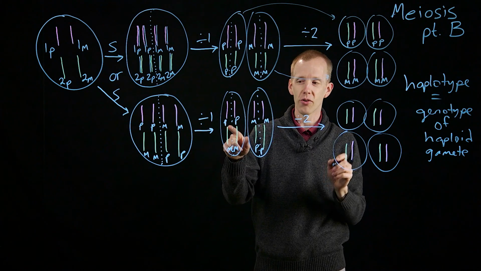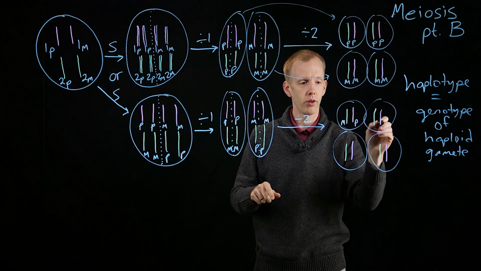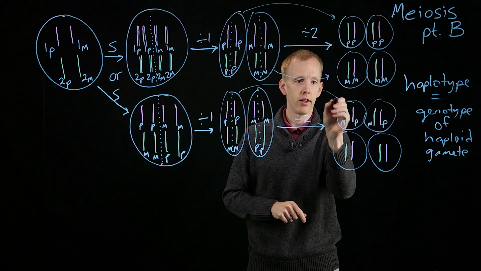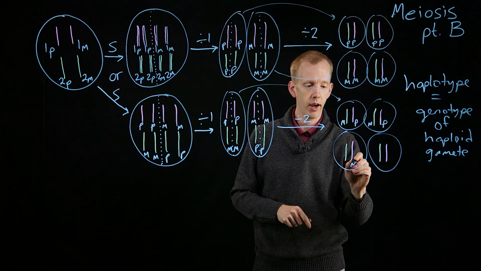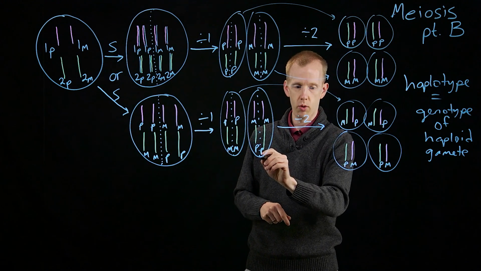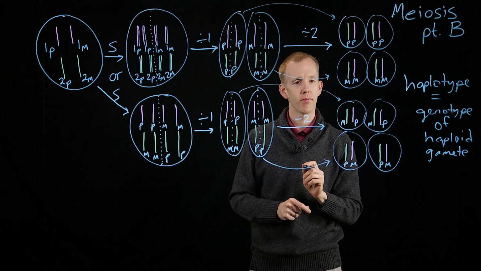And down here now we have the paternal with the maternal. That's products of that cell division. And we have the maternal chromosome 2 with the paternal chromosome 1, and that's products of that cell division.